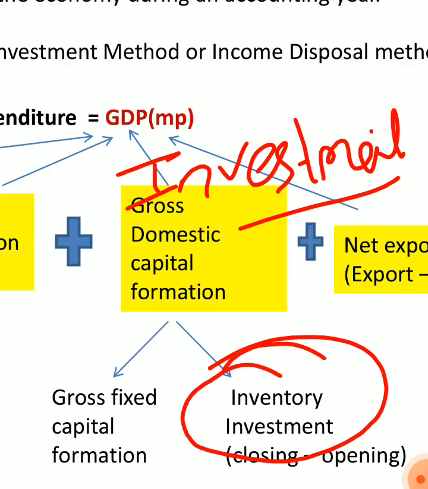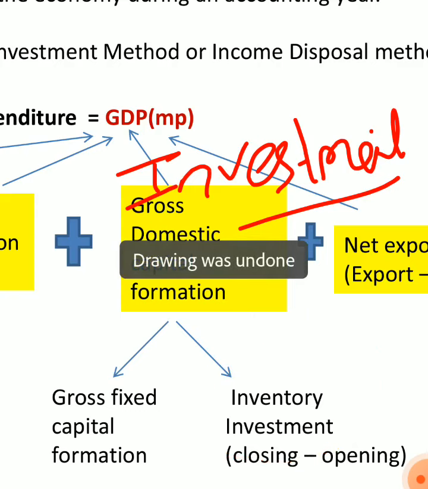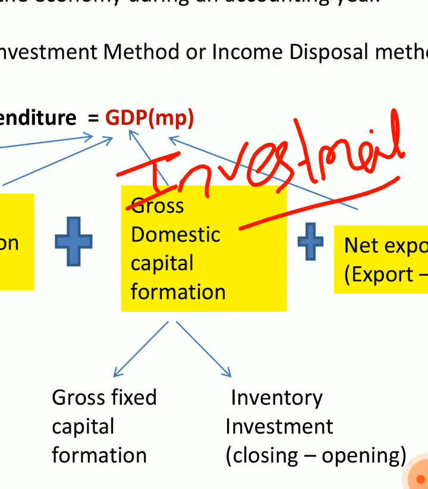So this investment will be broken into two parts: fixed capital and inventory investment. Instead of inventory investment, another term given is closing and opening stock. Earlier, in the value added method, we have seen closing stock and opening stock, so it is the same thing.